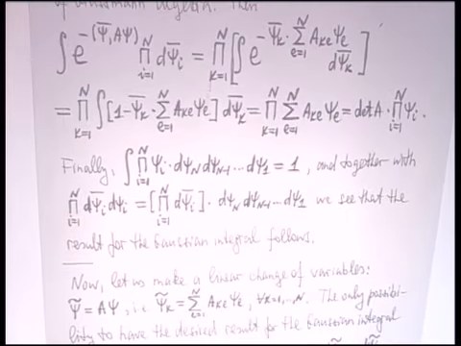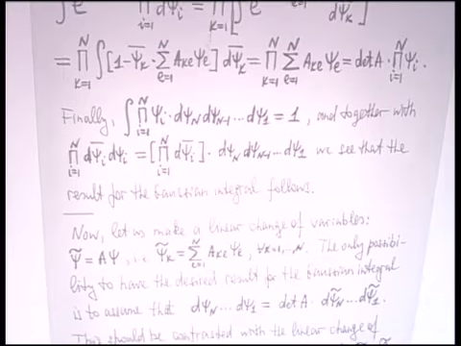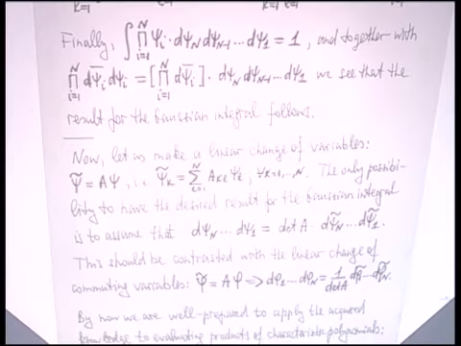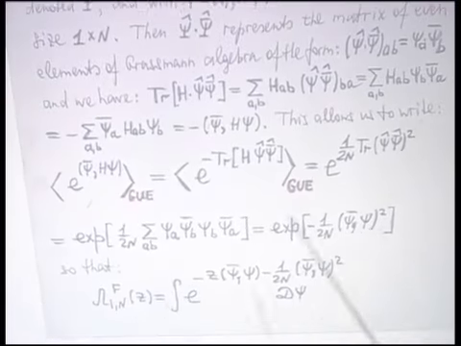Okay, and we immediately see that what comes here is trace of this matrix, and a trivial calculation just explicitly using entries of this matrix shows that it's exponential minus 1/2, and here the scalar that we defined, squared.